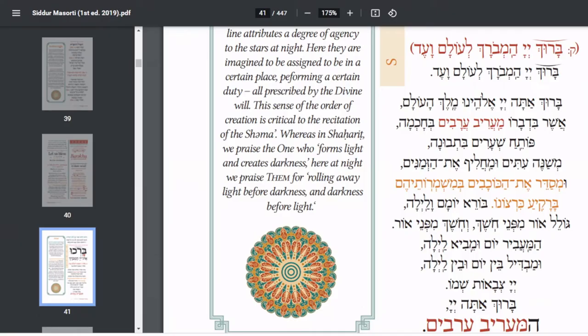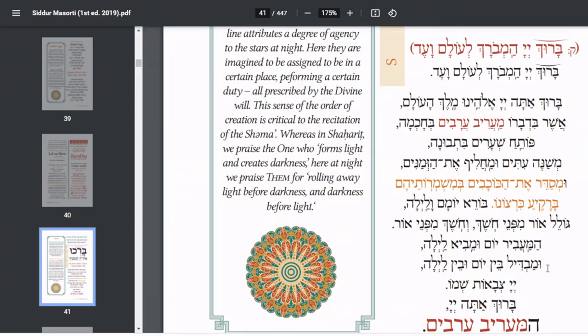So in their watches. Shomer, shamar, right here, that's the root. We'll be talking about roots later. Shamar is to watch or to guard. So kirtsono, like his will, b'mishmerotehem, in their watches.